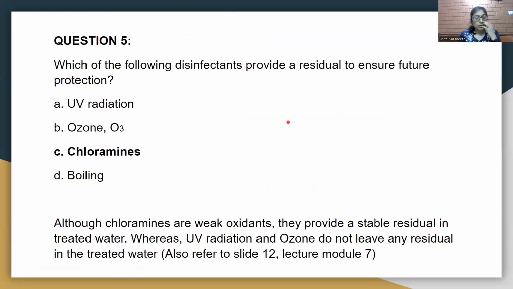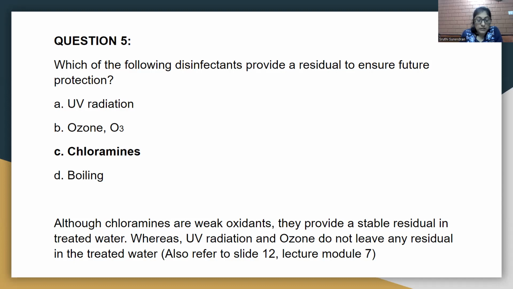So the answer is chloramines. Although chloramine is a weak disinfectant in comparison to other chlorine products, the residual that it produces is very stable. So this will help in future disinfection of the water.